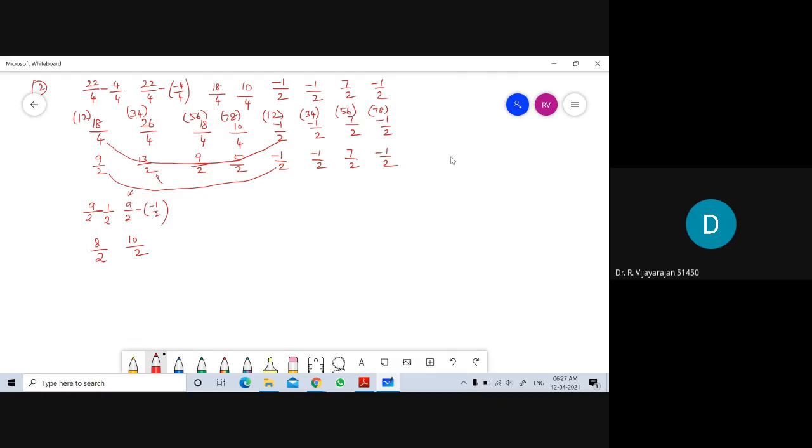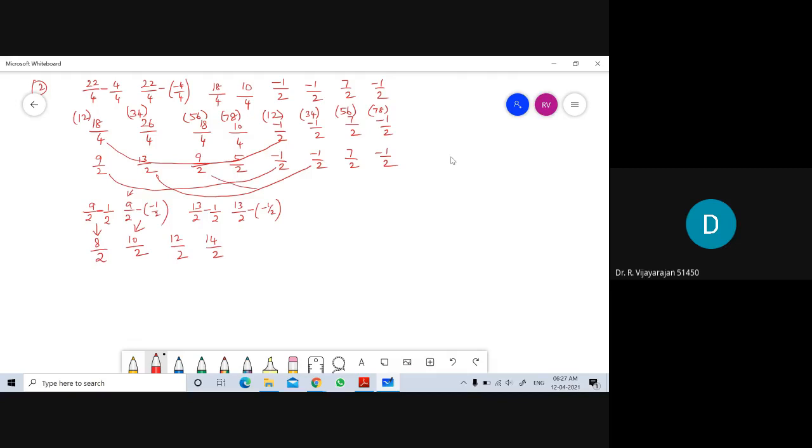Similarly, summation and difference: 13 by 2 minus 1 by 2, 13 by 2 minus of minus 1 by 2. It is going to be 12 by 2, and 14 by 2.